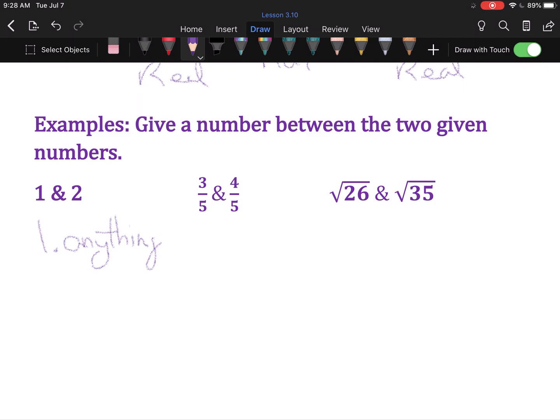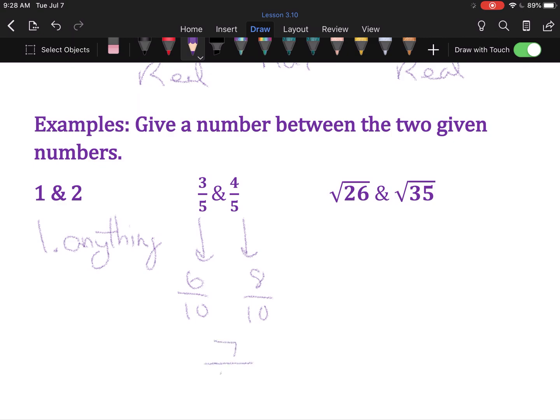Don't do it. But if I were to say double all of those, 3/5, double both of them, it's 6/10. 4/5, double them, it's 8/10. Those are the same fractions. If you double everything, it's the exact same fractions, just written in a different form. Can you tell me something between 6/10 and 8/10?